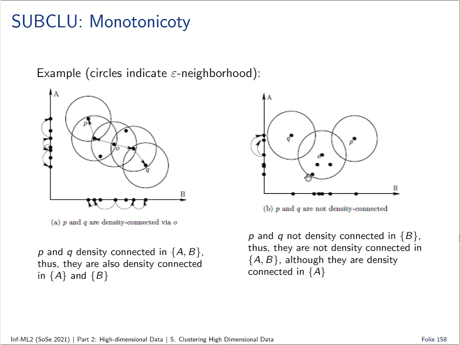So here Q and P are not connected in B, in this one-dimensional projection B, so they cannot also be density connected in any higher dimensional projection containing B as one of the features. So that is the monotonicity of density connected sets.